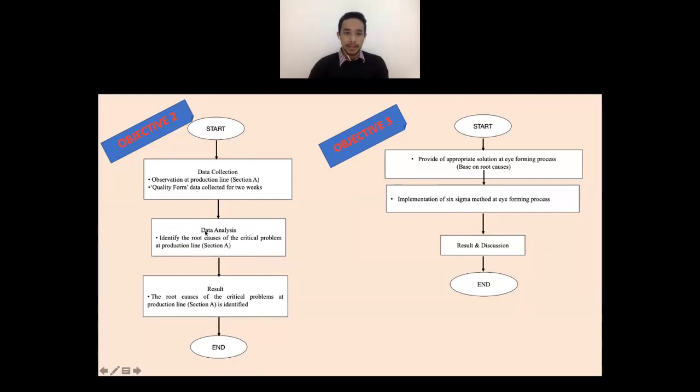Then for the data analysis, I identify the root causes of the critical problem at production line section A, and the result is that the root causes of the critical problems at production line A are identified. For the last objective, we start by providing an appropriate solution for the eye forming process based on the root causes, and the implementation of the Six Sigma method at the eye forming process.